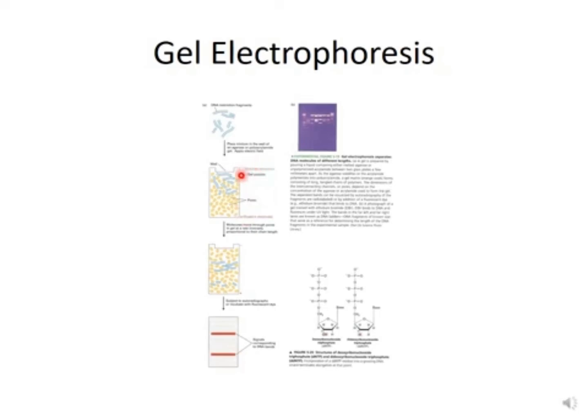Of course, it's going to be easier for smaller pieces of DNA to move further along the gel. So they are going to move in the gel at a rate that is inversely proportional to their chain length. So the shorter DNA strands are going to be at the bottom of the gel, while the larger ones are going to travel a shorter distance and be closer to where the DNA has started.